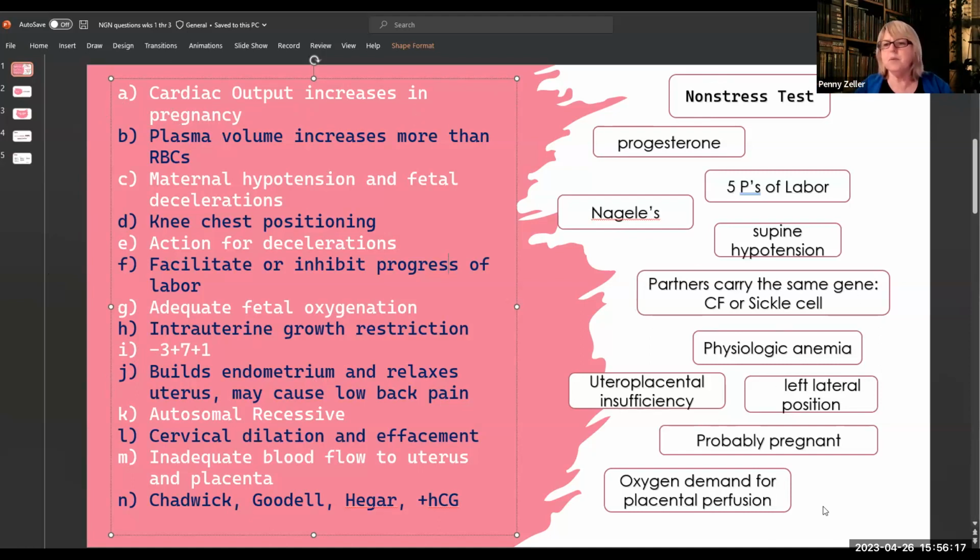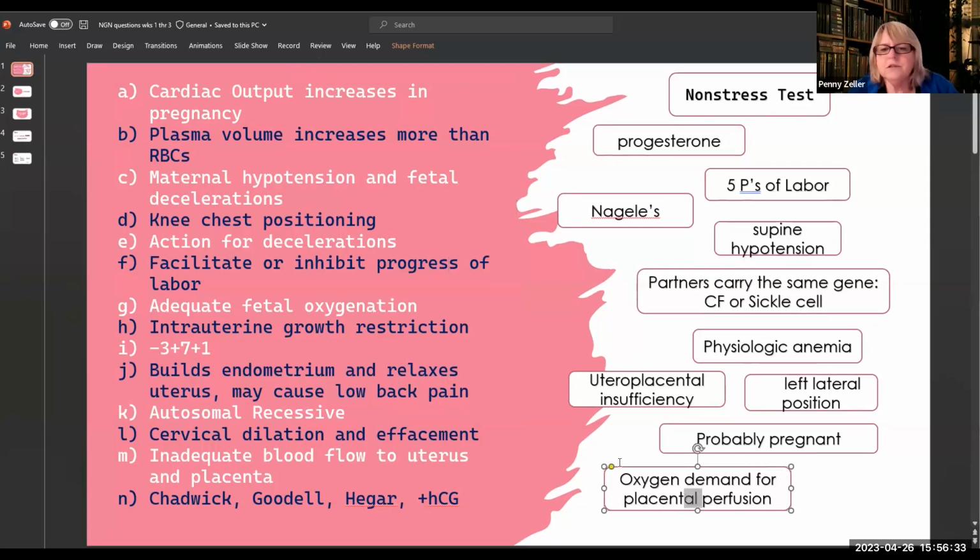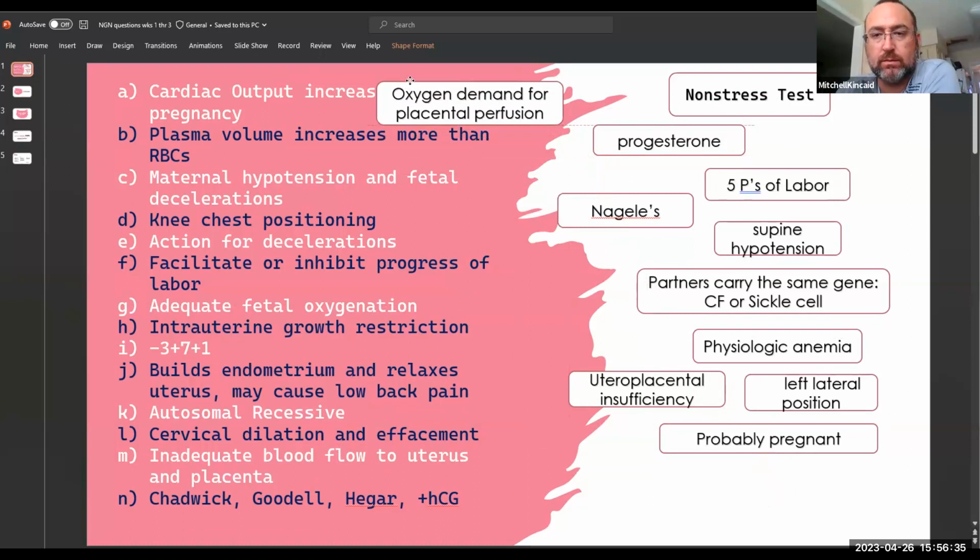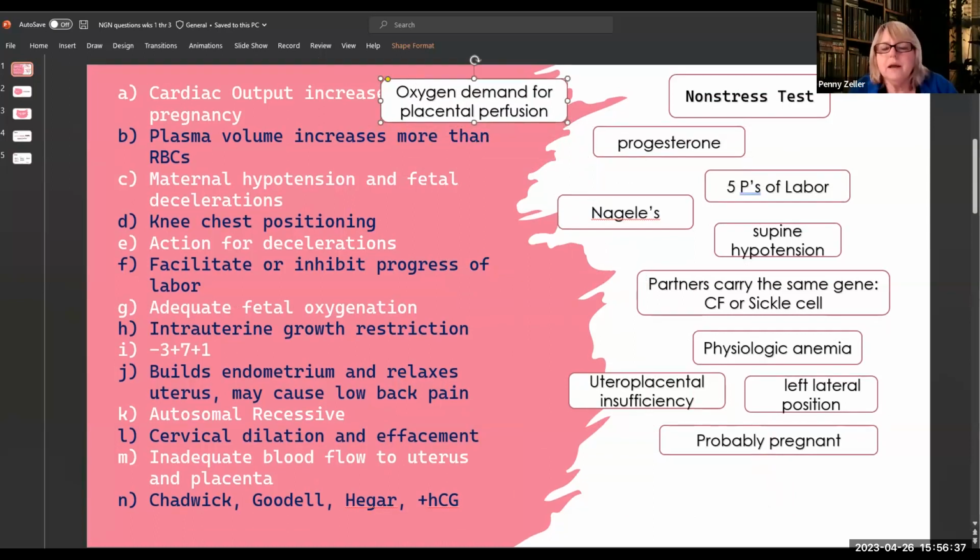Which one of these boxes over here? Is it oxygen demand for placental perfusion? Exactly. Here it is. Oxygen demand for placental perfusion. That's exactly right.